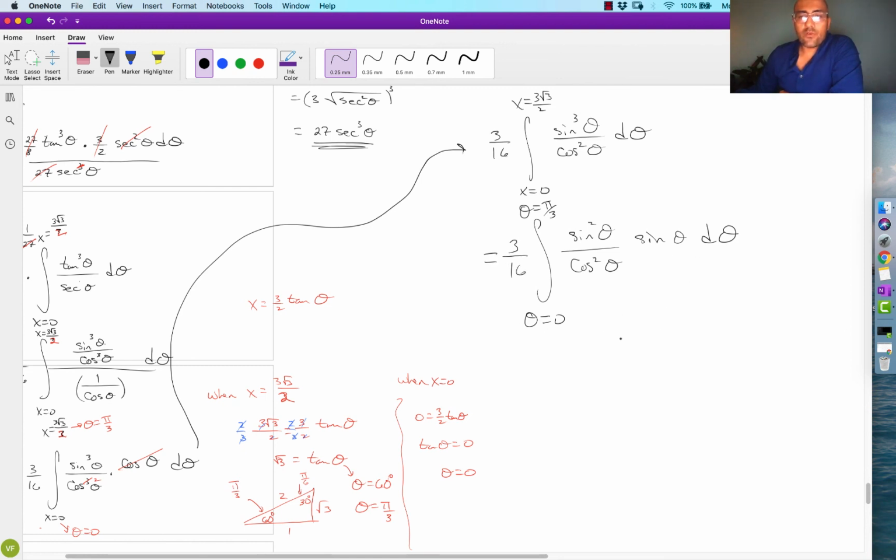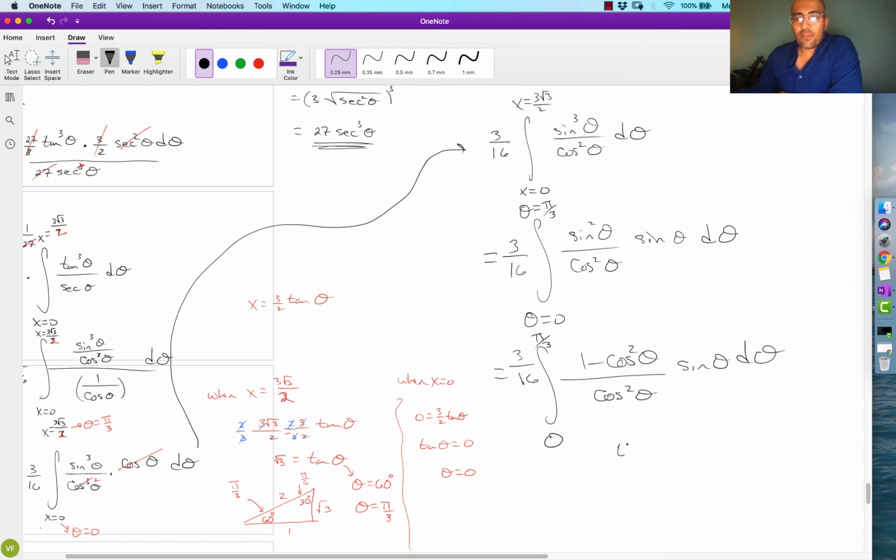Okay, so now we're going to do a u substitution. Nice classic u substitution, and we're going to replace the sine squared theta with 1 minus cosine squared theta over cosine squared theta, sine of theta d theta, integral from 0 to pi over 3, and still we have this 3/16 chasing us out there.